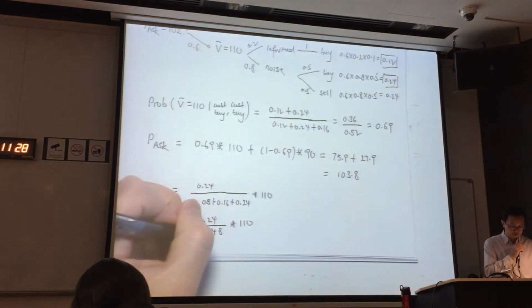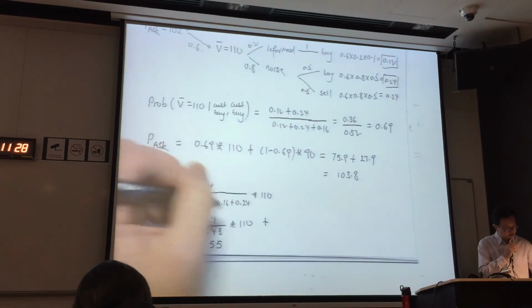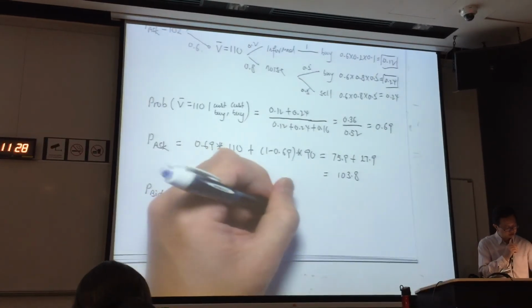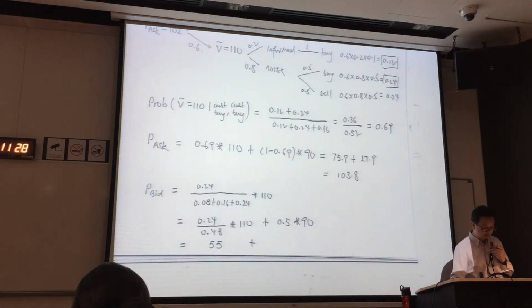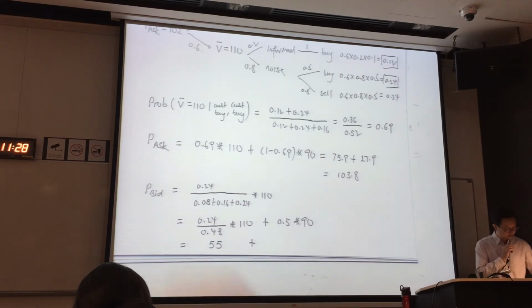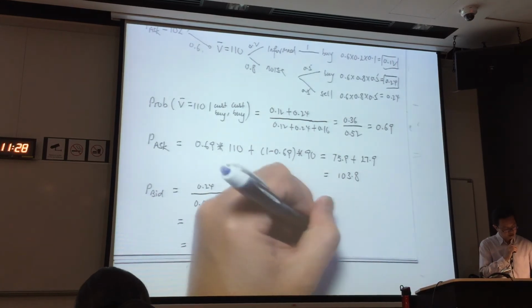Okay, so this is 55%, whereas the remaining is 50%, times 90. Okay, so this gives you 100.